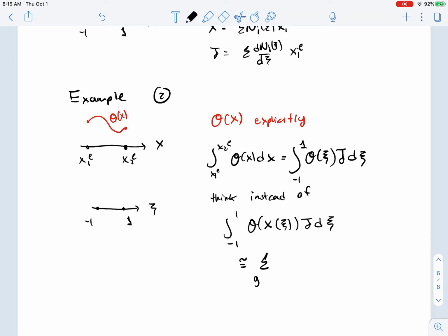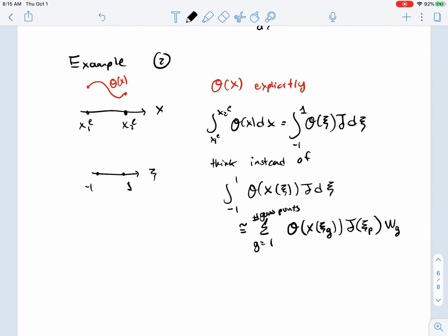And so this one will be approximately equal to the sum from g equals 1 to the number of Gauss points of theta of x of xi at the Gauss point, times the Jacobian evaluated at that Gauss point, times the weight corresponding to that Gauss point.